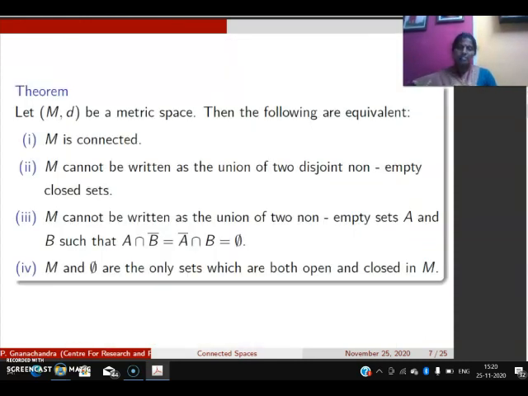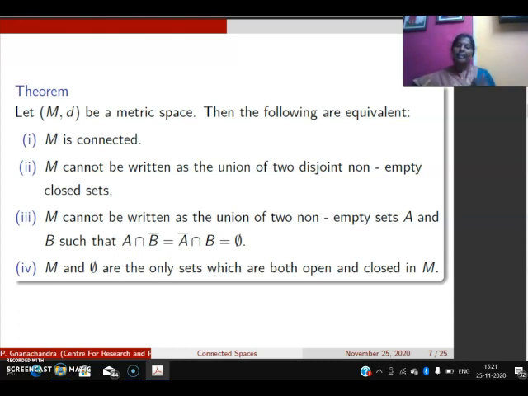Okay, next one, theorem. This is an important characterization theorem for connected metric spaces. Already we saw that M is said to be connected if M cannot be written as the union of two non-empty disjoint open sets. Here is another characterization: M is connected if M cannot be written as the union of two non-empty disjoint closed sets. So we can replace open sets by closed sets.